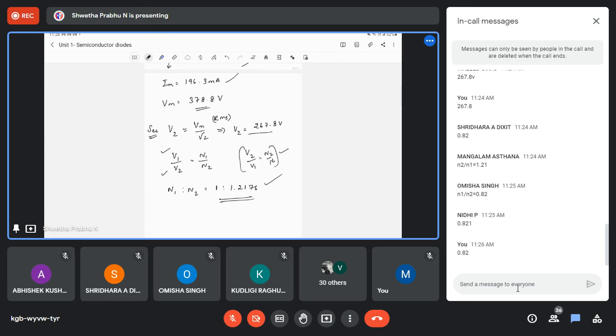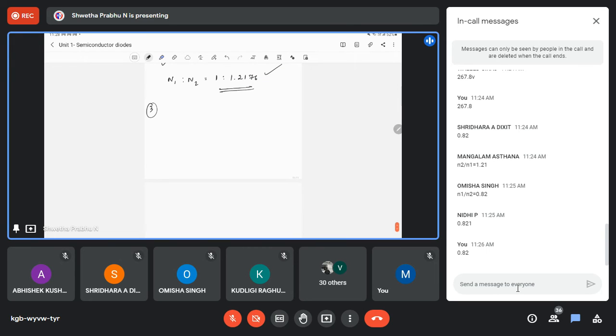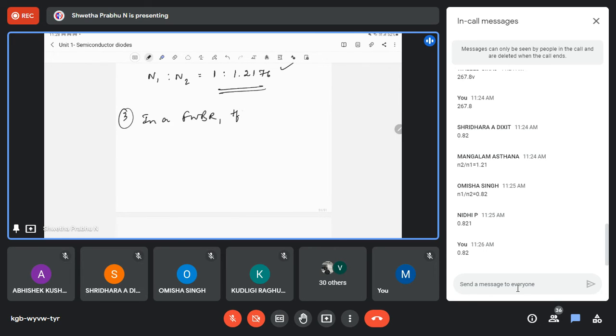Next question. Make a note of this question. In a full wave bridge rectifier, the transformer secondary voltage is 100 sine omega t, RF 25 ohms, RL 950 ohms.